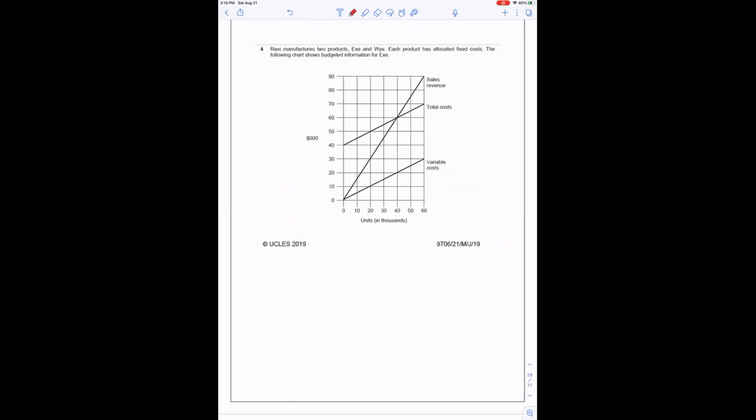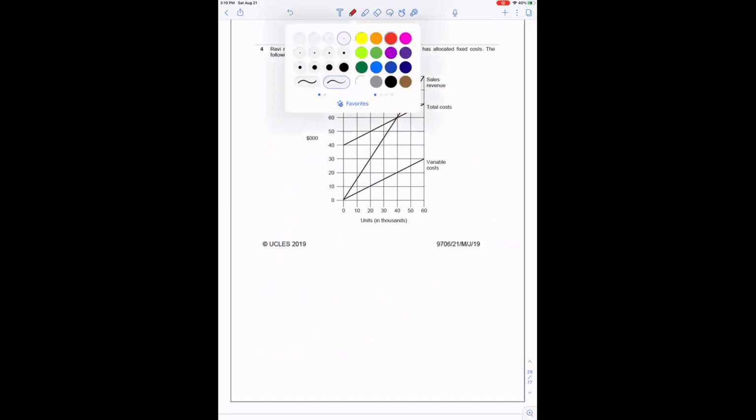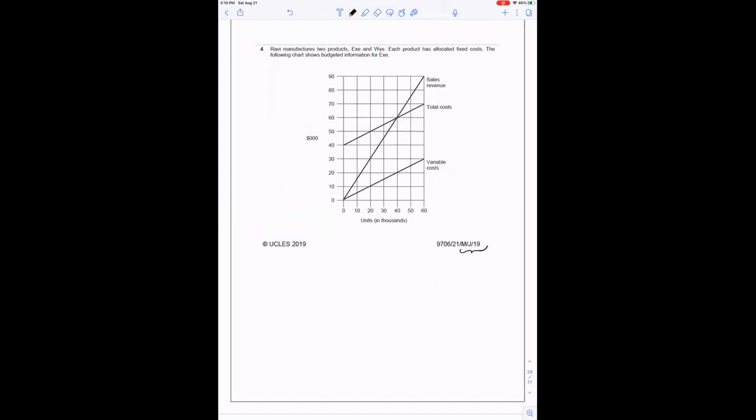Okay, the next sum is also a past paper question. Past paper question of May-June 2019, paper 21, A-level past paper question. So here it is that Ravi is manufacturing two products, X and Y. Each product has an allocated fixed costs.